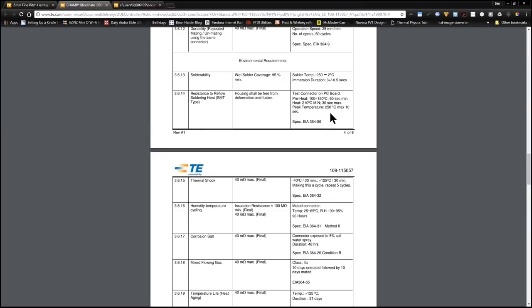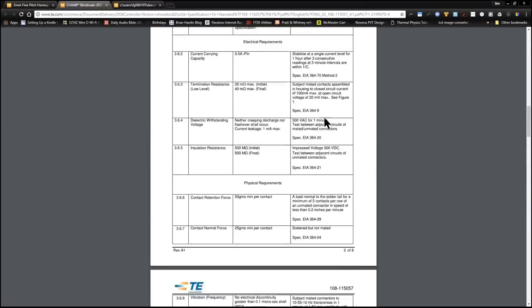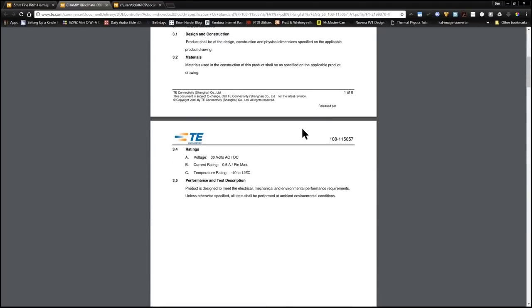So operating temperature range is operating temperature range, but it gives you an idea of what the maximum temperature withstanding over an extended period is of the insulation material of the connector.